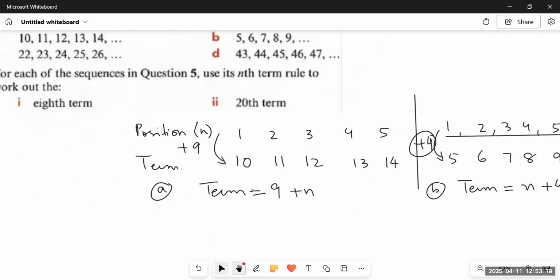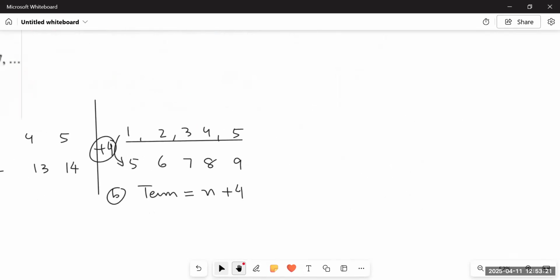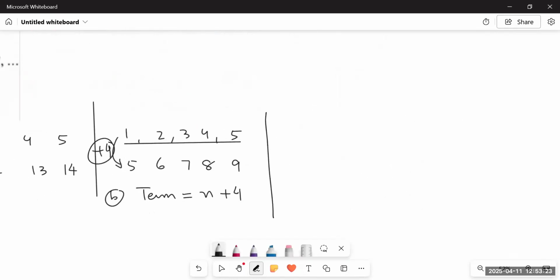Then we have 23, 22, 23, 24. So the term numbers are 1, 2, 3, 4, 5, and the terms are 22, 23, 24, 25, 26. So what is happening over here? We are adding 21.